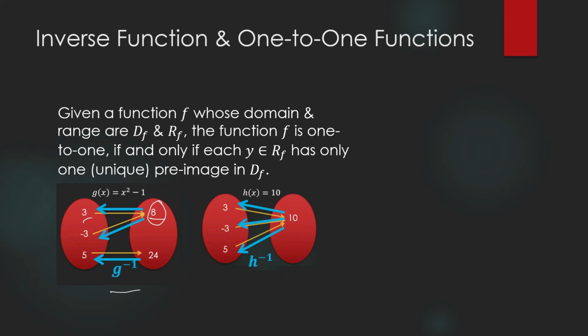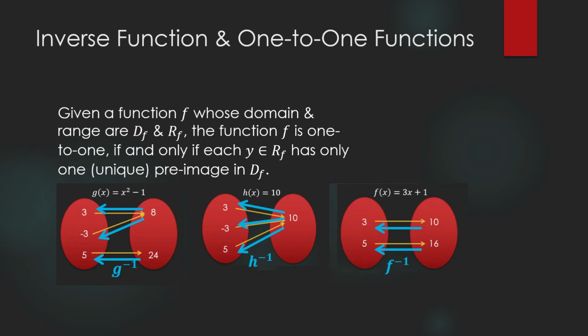It's the same with this. So h is a function from x to y. 10 is an element of the range of your function h. But the pre-image of 10 under h is not unique. It has 3 pre-images. H here is not a one-to-one function.